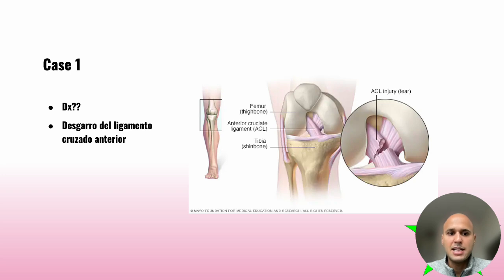Desgarro del ligamento cruzado anterior. ACL injury. So, ACL injury, in this case a tear. Tear, you would say desgarro. And then ACL, anterior cruciate ligament. Ligamento cruzado anterior. Anterior for anterior. Cruciate, cruzado. Ligament, ligamento.